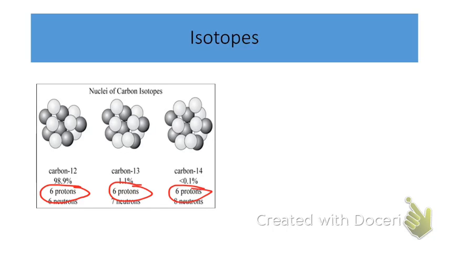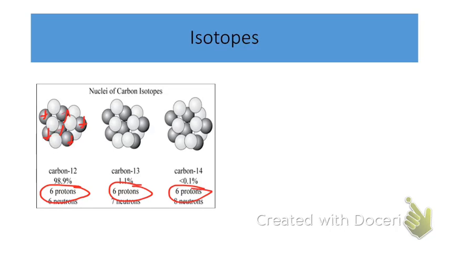So if you look at these individual nuclei, you should see that there are 6 protons. Sorry, the darker ones are actually the protons. 6 protons in the nucleus of these atoms. So the lighter circles are going to be our neutrons.